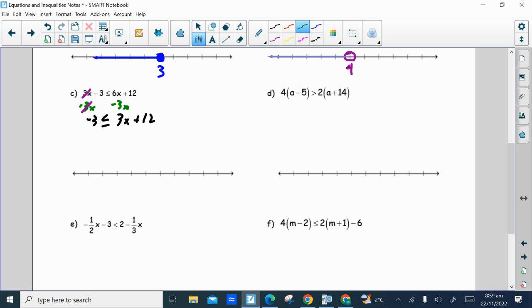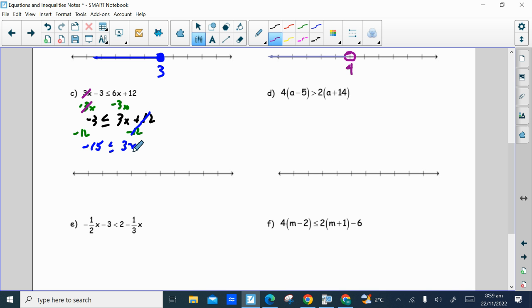Now I will subtract the 12 from both sides to get the 3x by itself. So on the right side, the 12's cancel. On the left, negative 3 take away 12 is negative 15, and that's less than or equal to 3x, which is all that's left on the right.